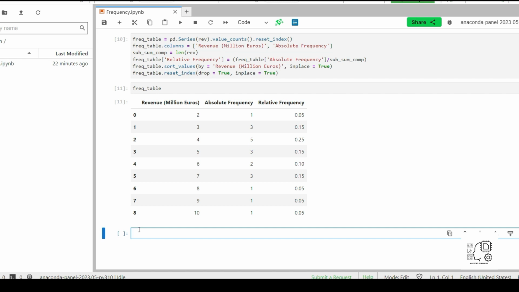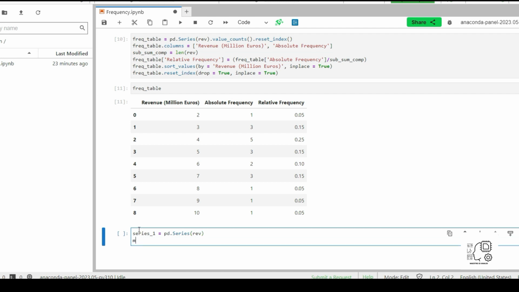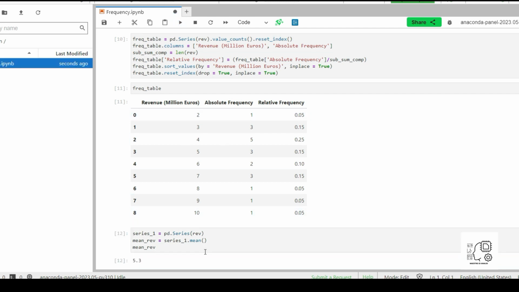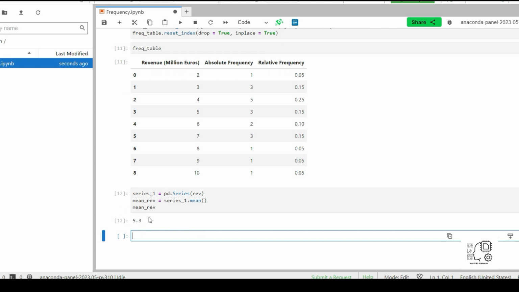So first let's, we got our mean. It's the correct result.